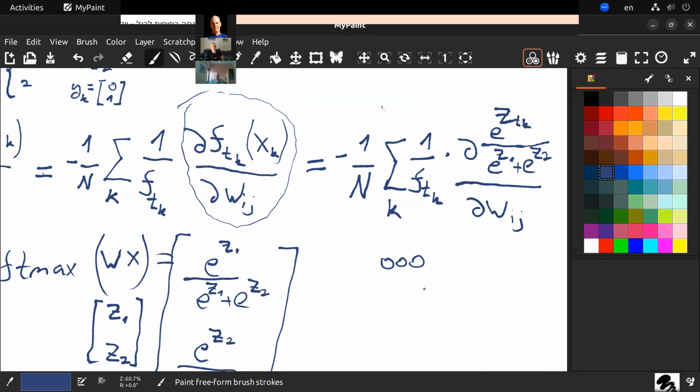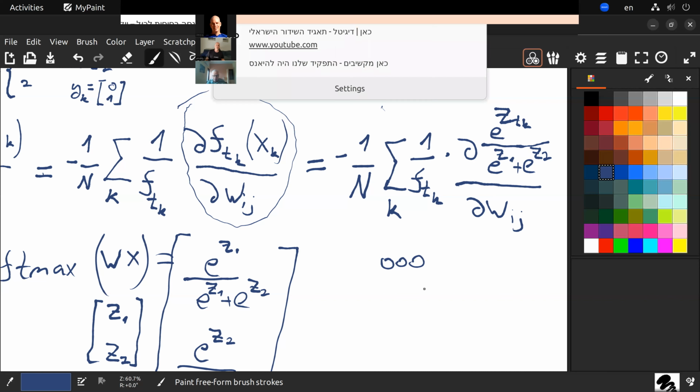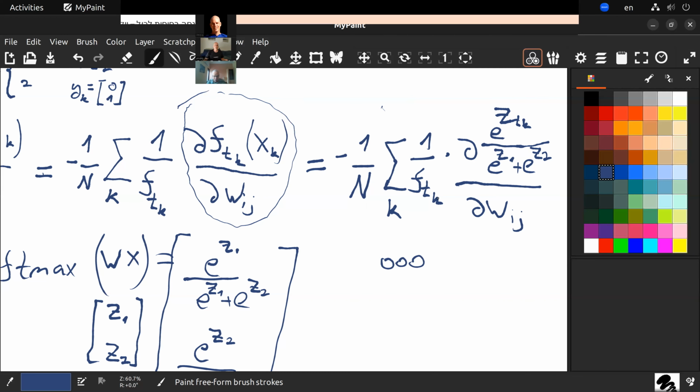I thought that the computer knows how to do such things as well, but I don't want the computer to do it. I want us to write it from scratch. I could have used packages that do everything for me, but I don't want to. So we're going to use the formula and compute a gradient descent.